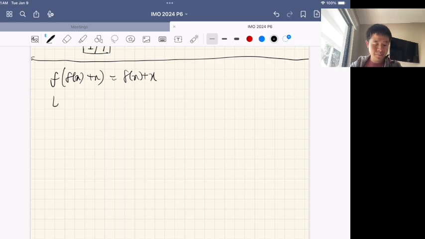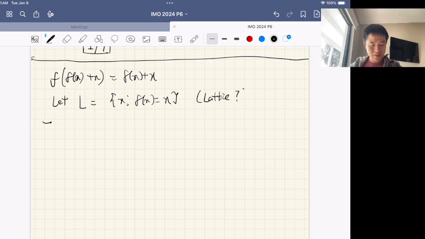So let's say L equals the set of all x such that f(x) equals x. Why the name L? Well, we'll show later that this set behaves like a lattice. Okay, now why do I say that?